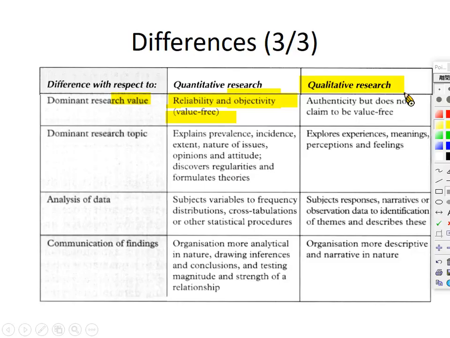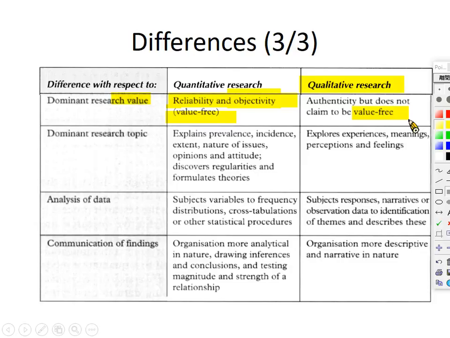And also, we do not claim that our research is value-free. The reason is very straightforward. We researchers are part of the research process, right? There are a lot of interactions with the respondents. We are there. We will contaminate the environment setting.